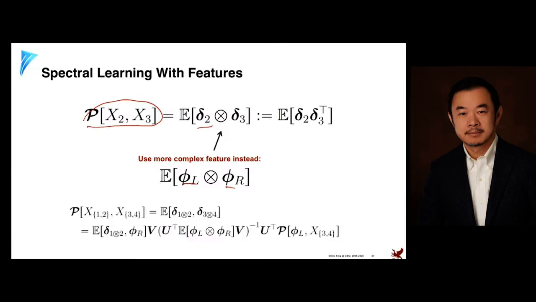So this is a trick allowing you to incorporate a far greater number of features than M. Here, remember, it could be only M because the delta of X can only take this many configurations. But this phi of L and R can take way more features.